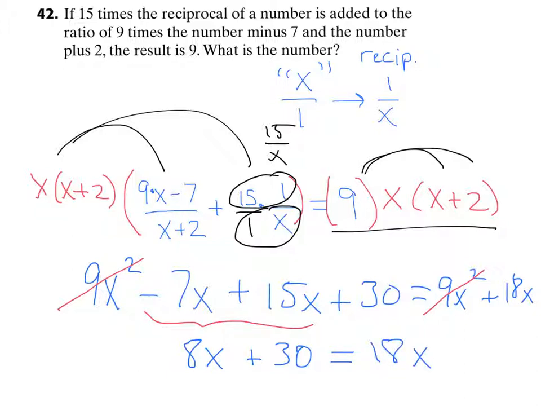I was thinking of this as 9x distributed times x. So 9x squared, I understand that. And then 9x times 2. But that 9x isn't brought down to the next part. Which one? This 9x. It is. That's why I had 9x squared.